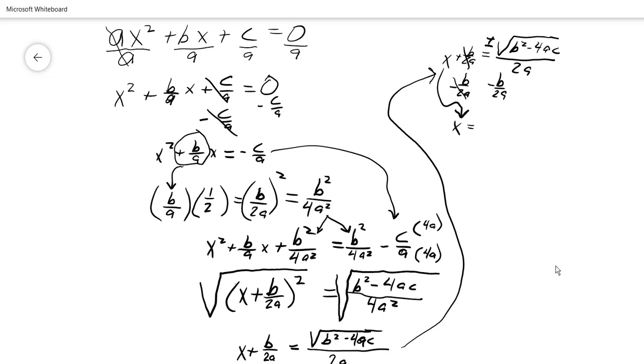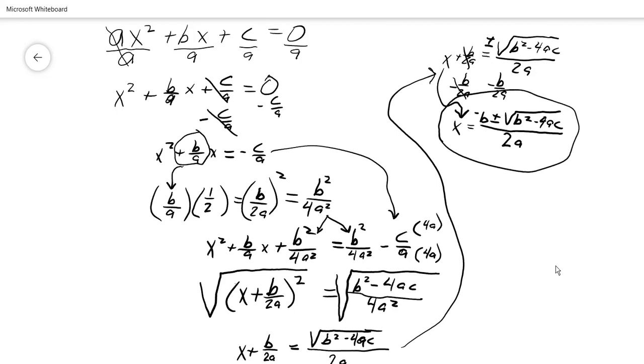And x equals, okay, well, here's the b, negative b, because we have to subtract it, plus or minus the square root of b squared minus 4ac. And this is all over 2a. Notice it was over 2a, so since it's over the same denominator, just write it out like that, and look at that. We have created our own quadratic formula.